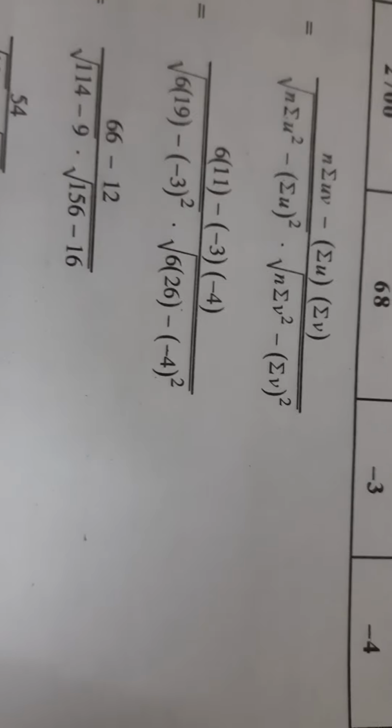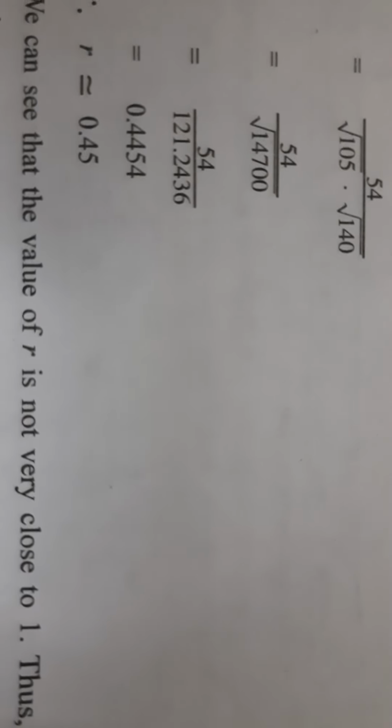Then uv, u square and v square, those are the values we find out. Then apply the equation and you get the answer as 0.45. Okay, it's not very close to 1, so there is partial positive correlation. That much we can say about that.